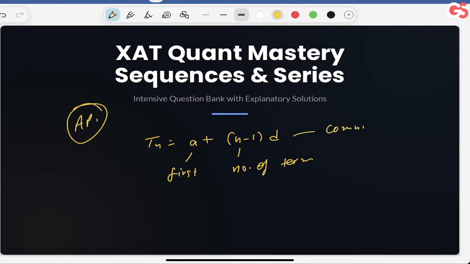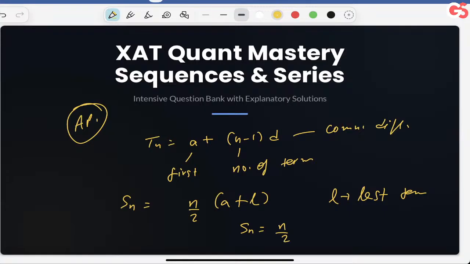The sum of n terms is given by n by 2 times (A plus L), where L is the last term, when the last term and first term are known. When the last term is not known, we use n by 2 times (2A plus (n minus 1) times D). Both these formulae are interchangeable, depending on whether we know the last term or not. So these three are the most important things for AP.